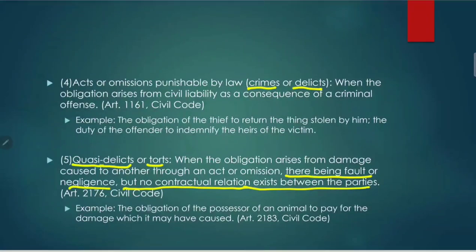There was only fault or negligence. Then, magkakaroon ngayon ng obligation si A to pay for the damage caused by the animal. So, yun yung source ng obligation under quasi-delict or torts.